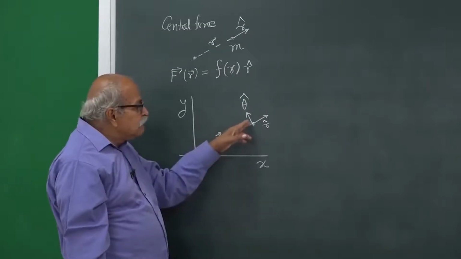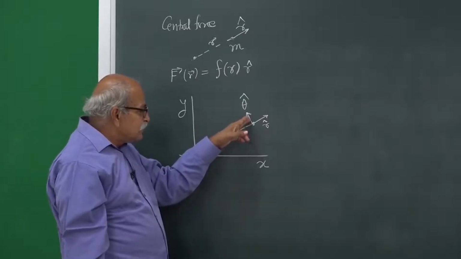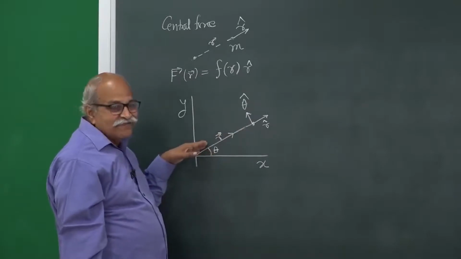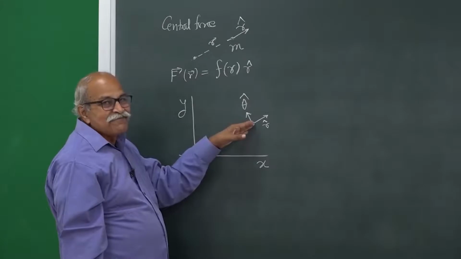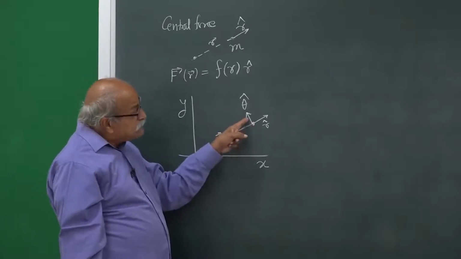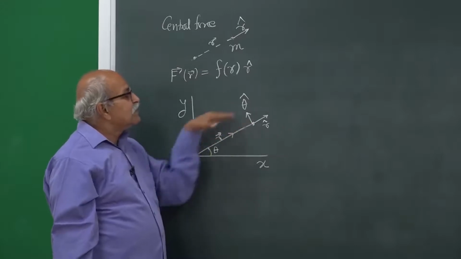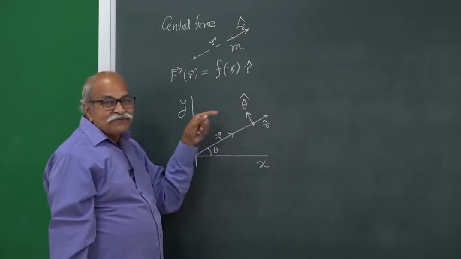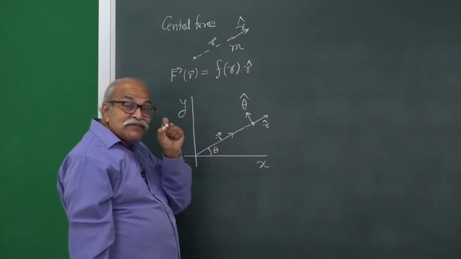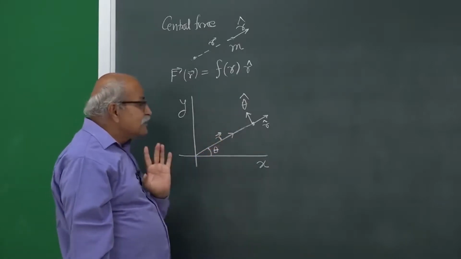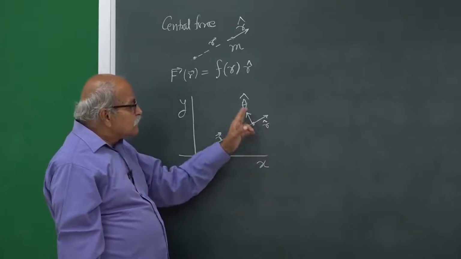If I take it an infinitesimally small distance here, this theta will become theta plus d theta, but r will remain the same. There is no component of that displacement in the r direction, and therefore, for that infinitesimally small displacement we will take that r is constant, only theta is changing. This is r cap, this is theta cap.